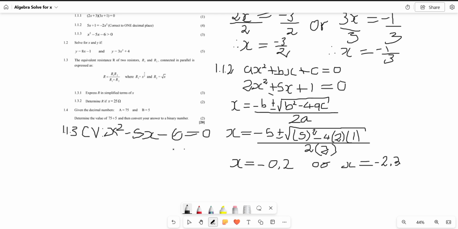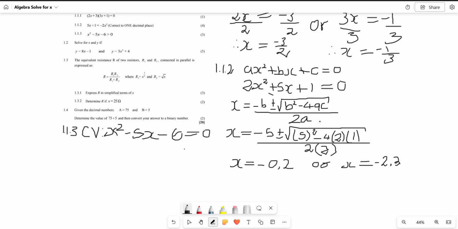But for those who are doing technical mathematics, please use the quadratic formula so that you get the correct critical values. But if you have adequate knowledge of applying factorization, you can apply it.